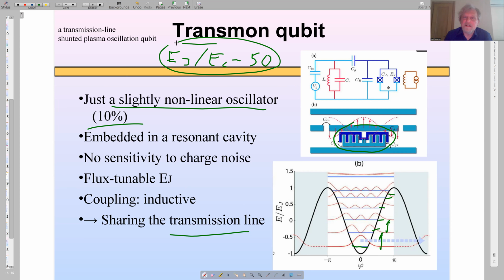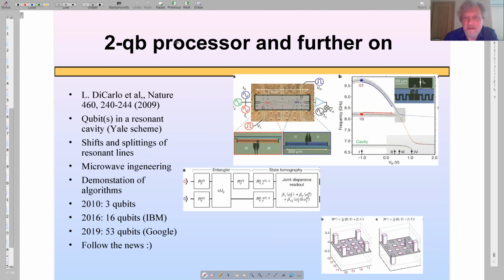This realization seems to be leading at the moment in corresponding research. Right, that was, for instance, realization of a 2-qubit processor in 2008, which quickly became a 3-qubit processor. And in several years it became already a subject of intense technological development.